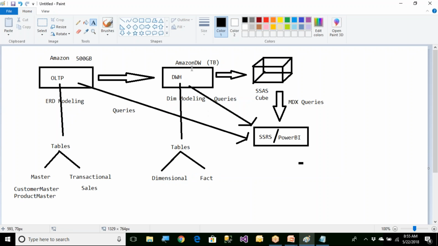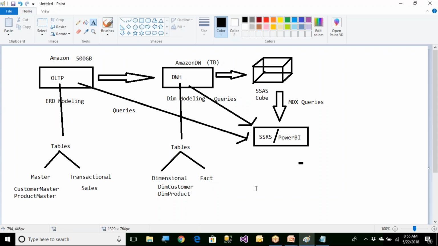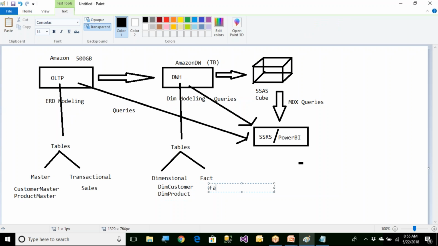So a data warehouse will have two types of tables: one type is called the dimensional table, the other is called the fact table. So the customer table will become dim customer. The naming convention also will change, and here we will have dim product. So there we have a product table, and we'll have a dim product table, and the sales table will become a fact sales table, like that.